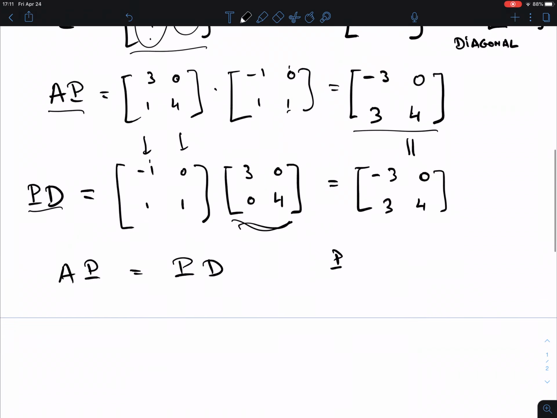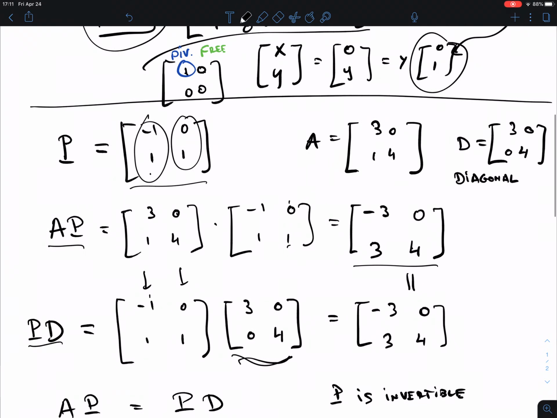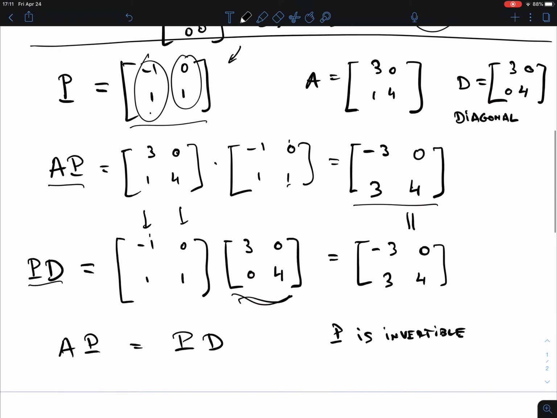Well, it is clear actually. In this case, it's clear, because remember, it's easy to see whether upper triangular or lower triangular matrices are invertible, because the determinant is just a product of the diagonal elements, and we see that the diagonal elements are all non-zero. So yes, this is an invertible matrix.